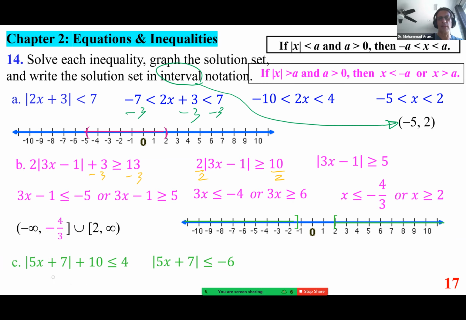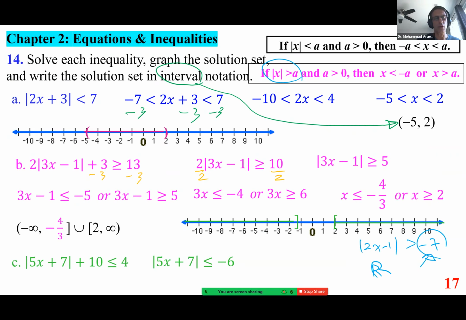If we happen to have a value which is negative for this one, for example, 2x minus 1 is larger than -7. Whenever this is negative, it will always work, because any absolute value in the worst case scenario is 0. So this gives you all real numbers.